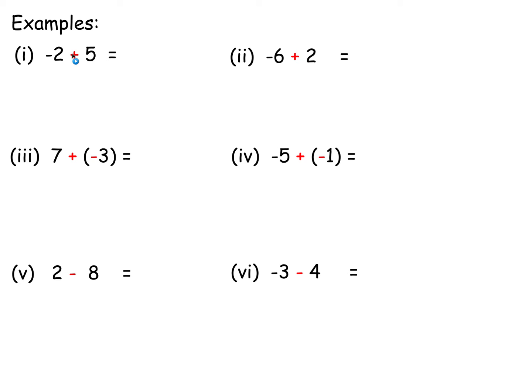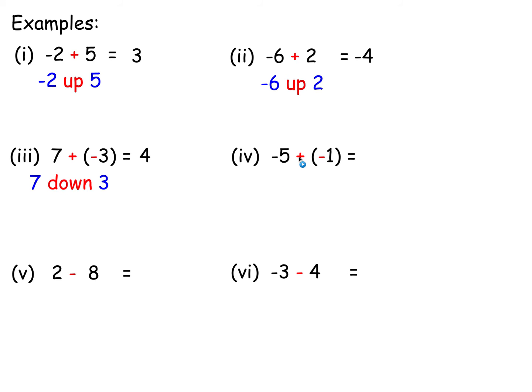If it's negative 2 add 5, you think of negative 2 and going up 5, takes you to 3. Negative 6 add 2 means negative 6 and go up 2, takes you to negative 4. Adding a negative was the same as subtract, so 7 add negative 3 was just like 7 subtract 3, that is 7 down 3 to 4.